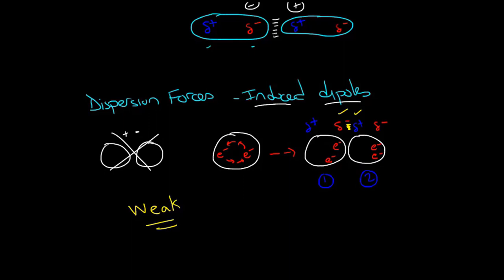Induced dipoles or London dispersion forces are present in all molecules. Every single compound experiences London dispersion forces. That's an important thing to remember. Everything experiences dispersion forces. Even something that has really strong ion-ion interactions also experiences dispersion forces.